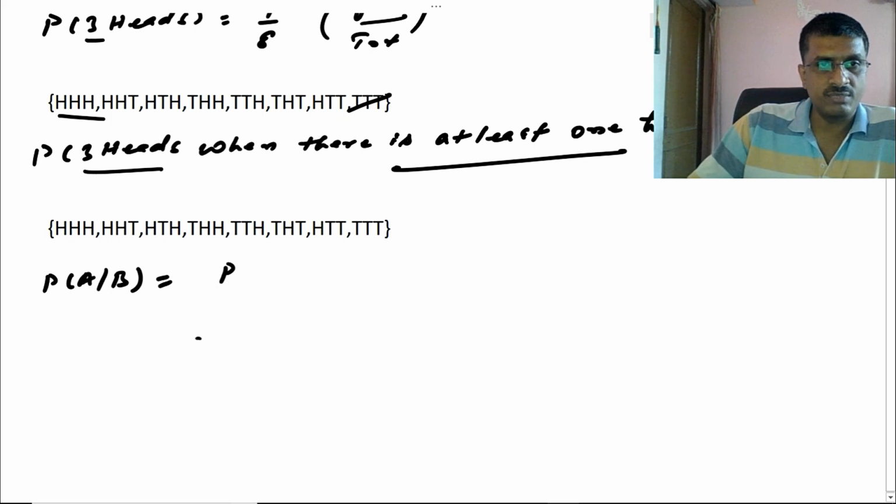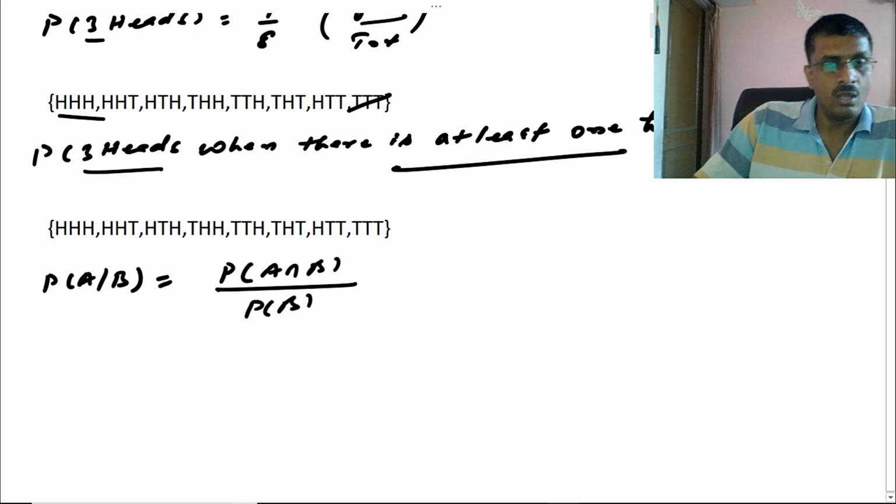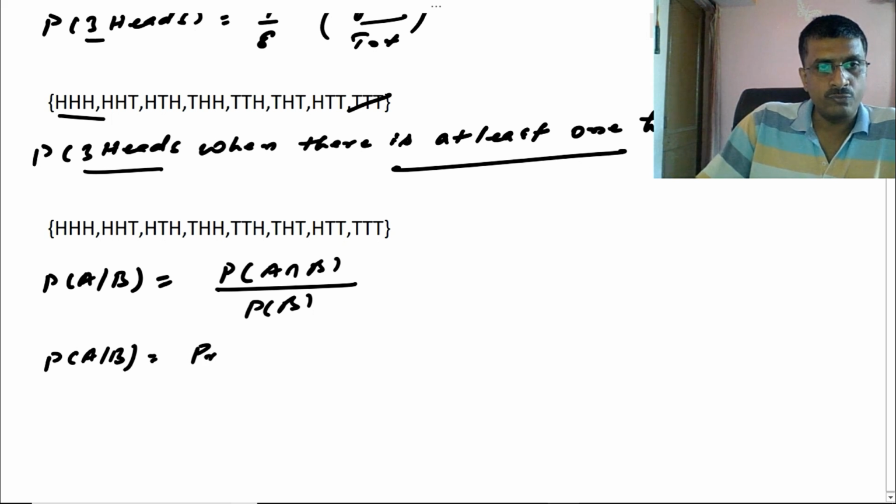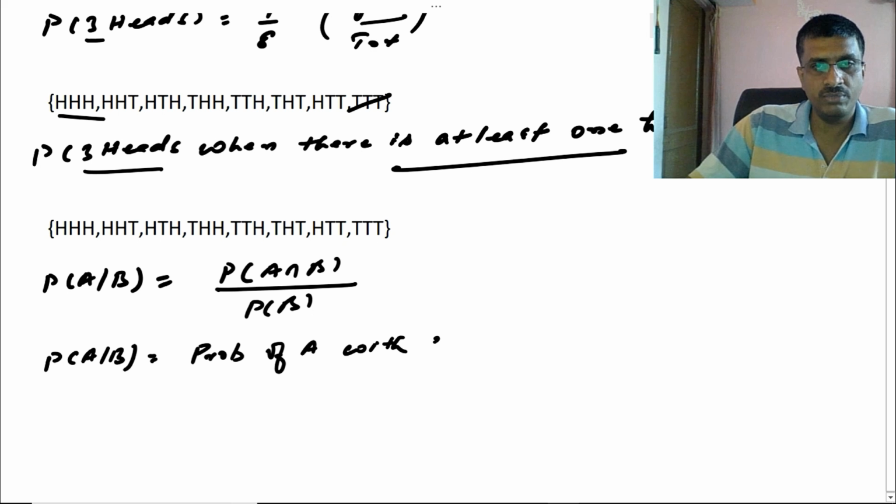Prob of A slash B would be prob of A intersection B upon prob of B. That's the formula. Now what does this prob of A slash B stand for? This is the probability of event A with condition B.